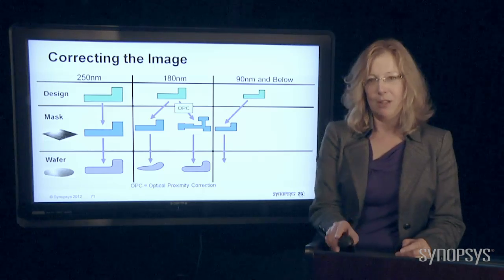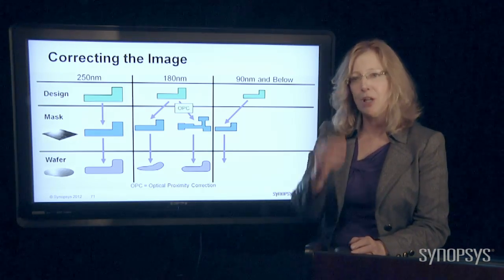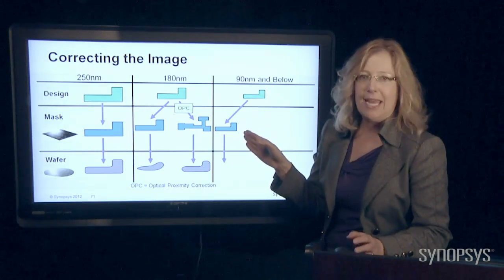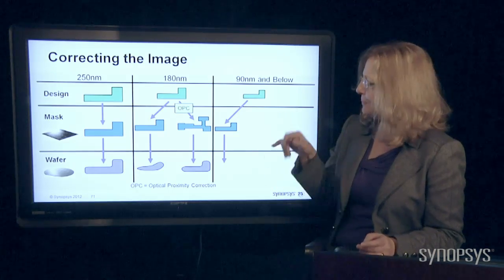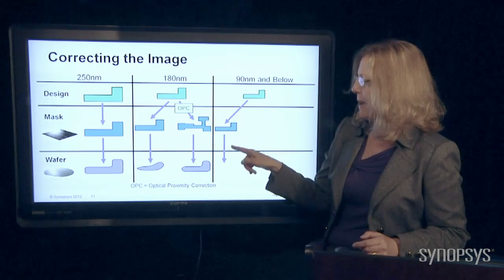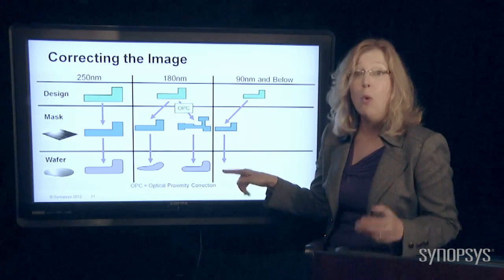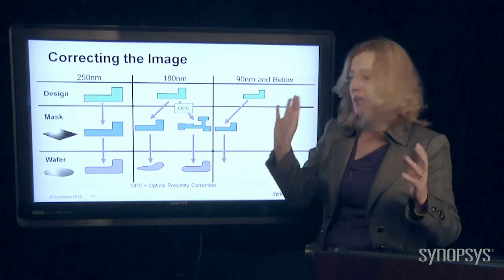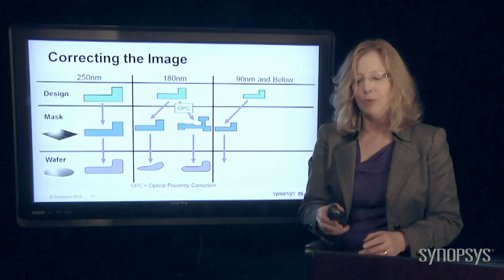Now we get even smaller, and now we're at 90 nanometer and below. And this is where we are today in most chip technology. So we have the shape we want of the transistor, we do the mask, and guess what? No light goes through whatsoever. We're so small, the light's just bouncing right off, and that's a real bummer.